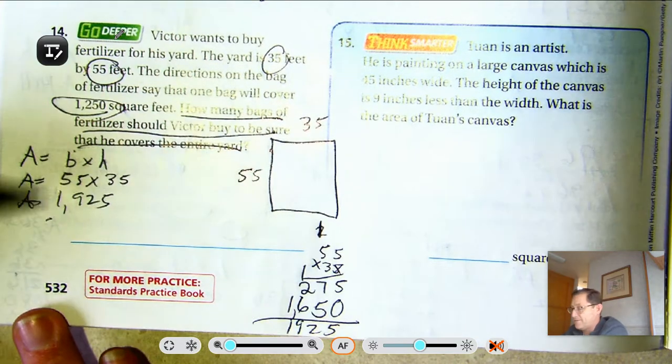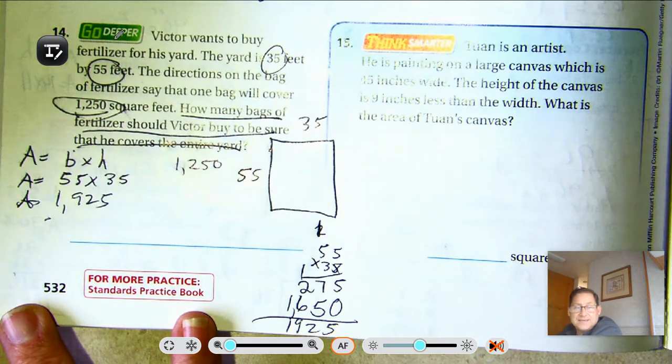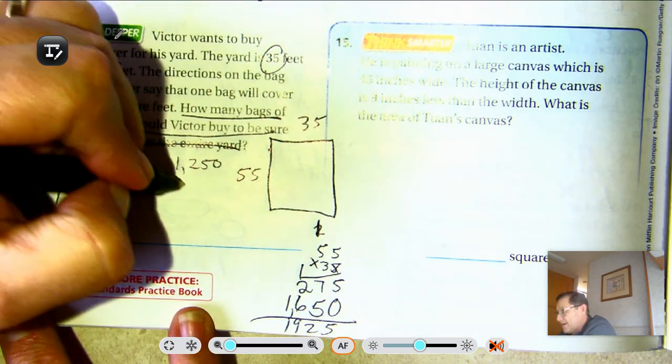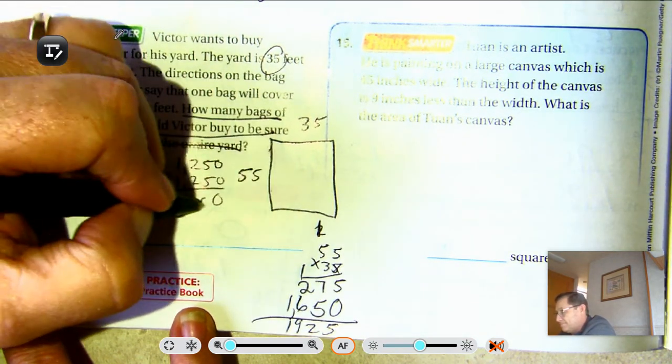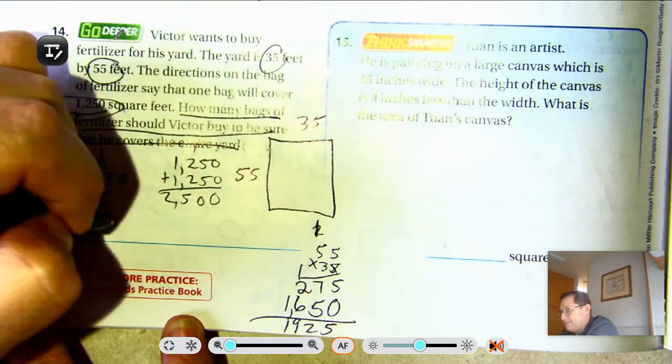Well, that's bigger than 1,250. So one bag's not going to be enough. What if we buy 2 bags? Will we have enough? 2,500. So 2 bags, right?